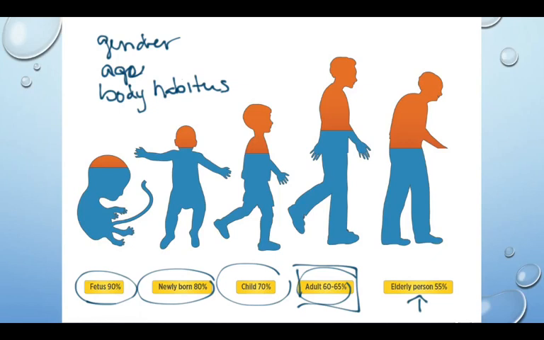Now, this is one of the things I want you to think about, is that adipose tissue has less water than muscles. So any kind of fatty tissue has less water than muscles. So people with an increased percent of fat tissue, adipose tissue, have less water. So let's think about that. Women, because of breasts and hips and the fact that we are made the way we are made, in general have a higher percent body fat than do men.